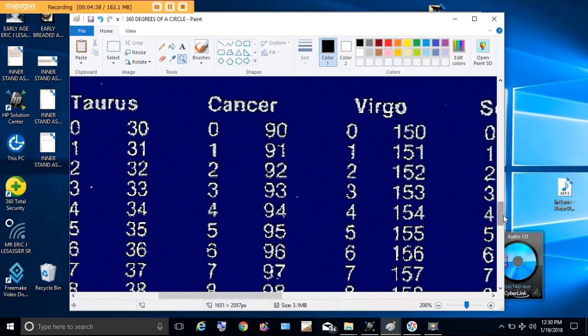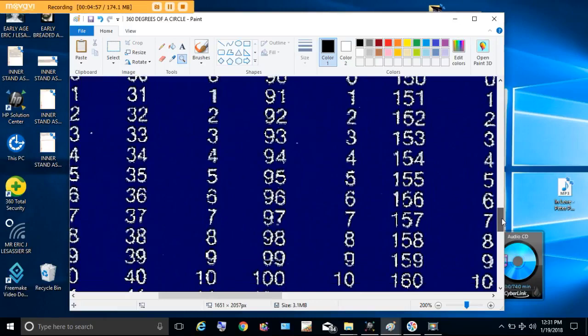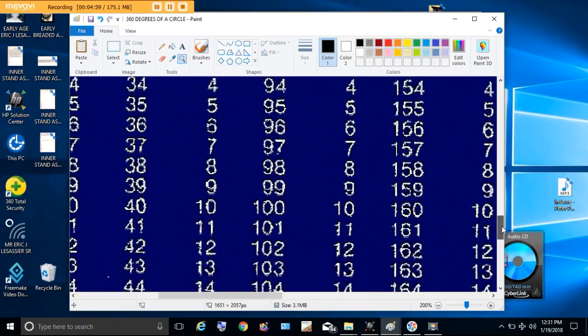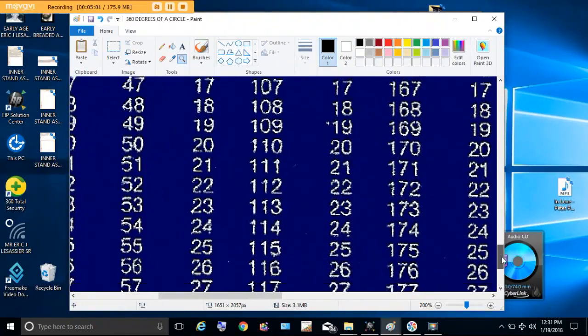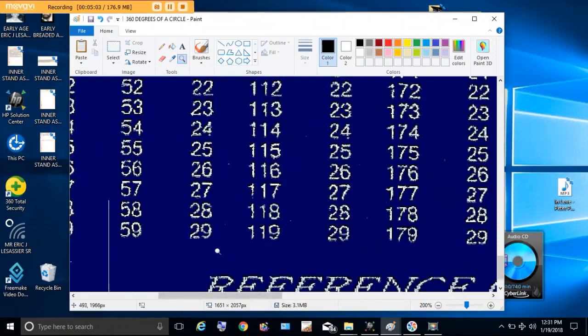So this 360 degree value chart indicates the value of 1 degree, or the degrees that a planet will travel through as it's going through its cycle. And each sign equals 30 degrees, or 1 month. So when we get to the end of the 29th day of that month in Cancer, 29 will equal 119.